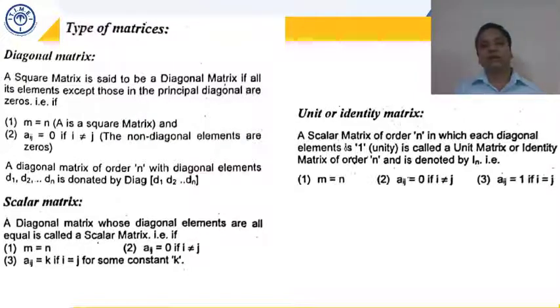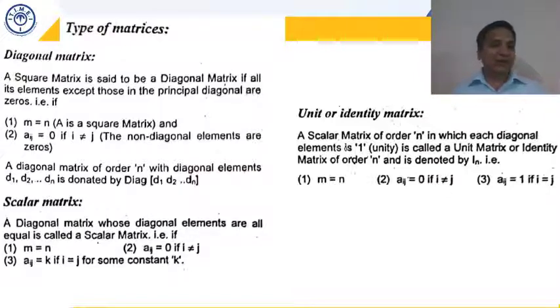So unit or identity matrices are an extension of scalar matrices with the condition that the constant value k comes out to be 1. So a diagonal matrix we first learn, then we move to a scalar matrix where all the elements in the diagonal assume the same constant value k, and then the unit or identity matrix, a scalar matrix of order n in which each diagonal element is 1, called a unit matrix or identity matrix of order n and denoted by In.